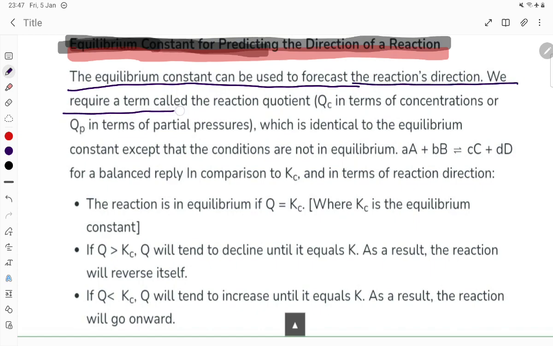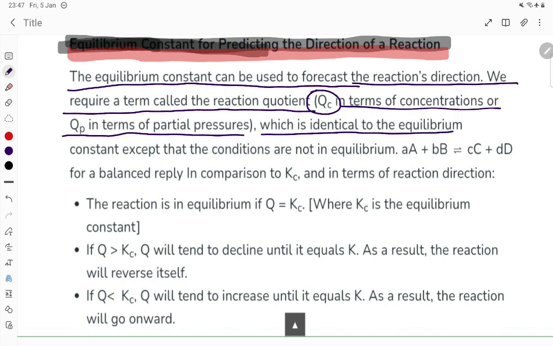We require a term called the reaction quotient, Qc in terms of concentration and Qp in terms of partial pressure, which is identical to the equilibrium constant, except that the conditions are not equilibrium. So Qc is not calculated at equilibrium, it can be at any point. If it is the equilibrium condition, we call it Kc.